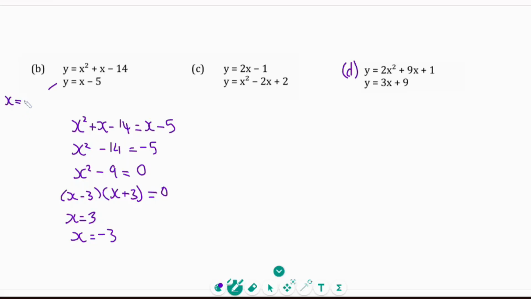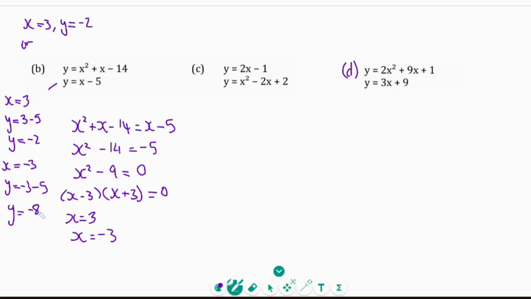When x is 3, y is 3 minus 5, negative 2. Well, when x is negative 3, y is negative 3, take away 5, negative 8.